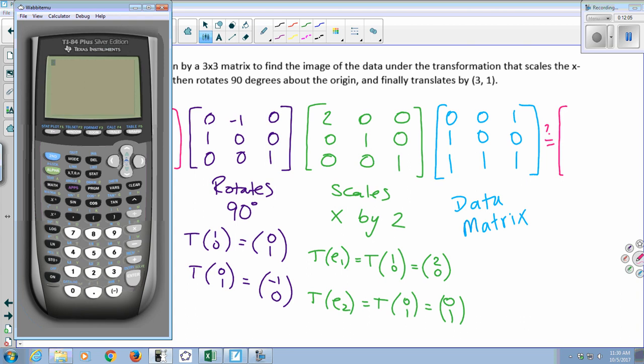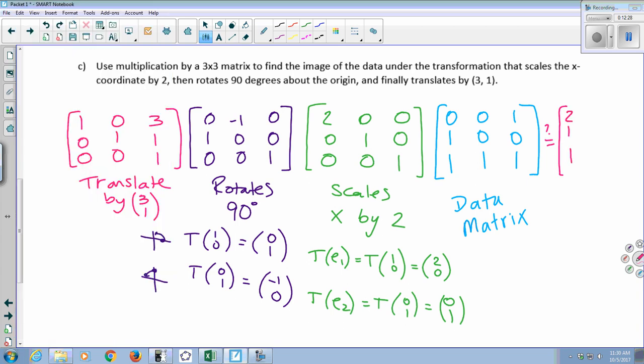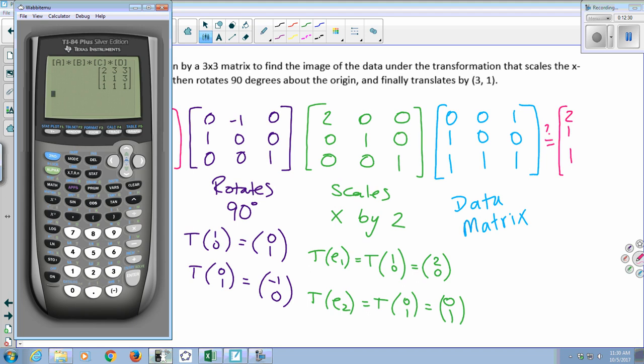Now I'm just going to multiply A times B times C times D. All right, so I get 2, 1, 1, 3, 1, 1, 3, 3, 1.